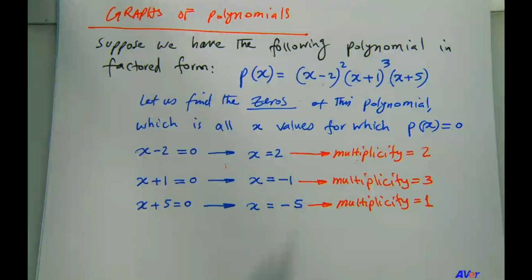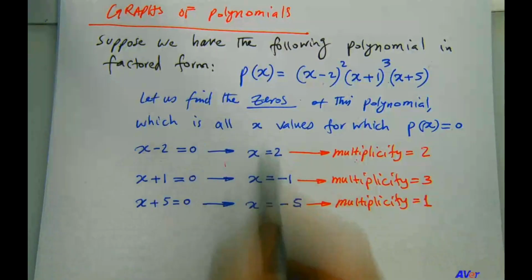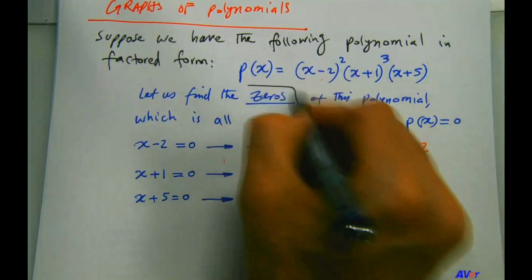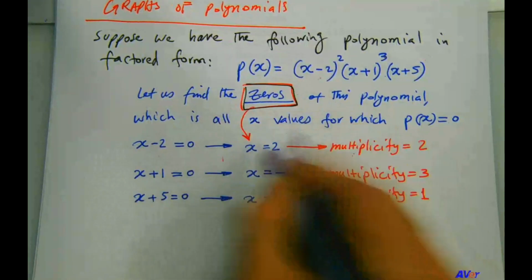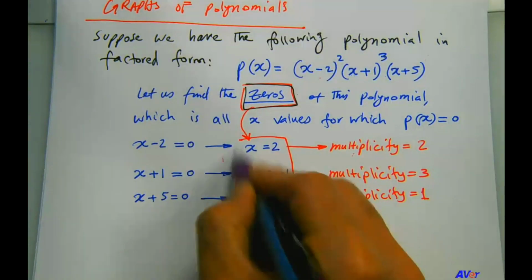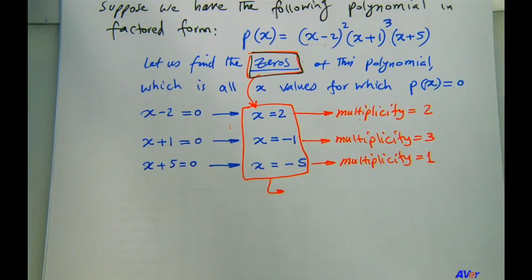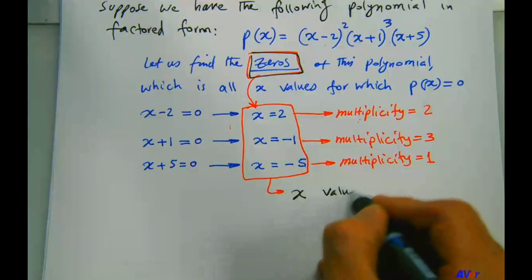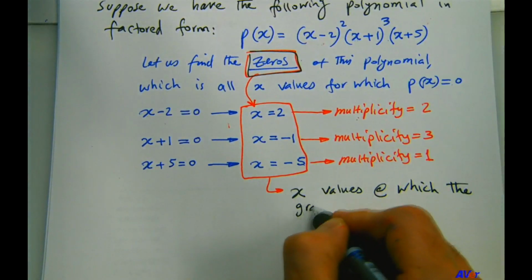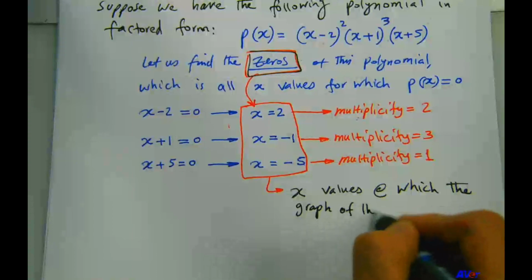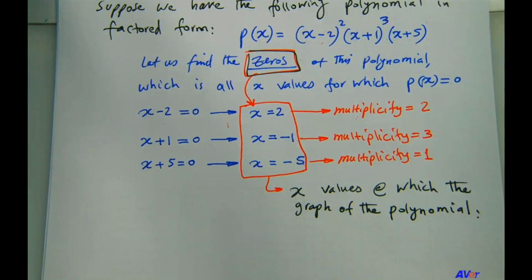Now, if these are the zeros of the polynomial, these are the x values at which the graph of the polynomial, here's the important part.